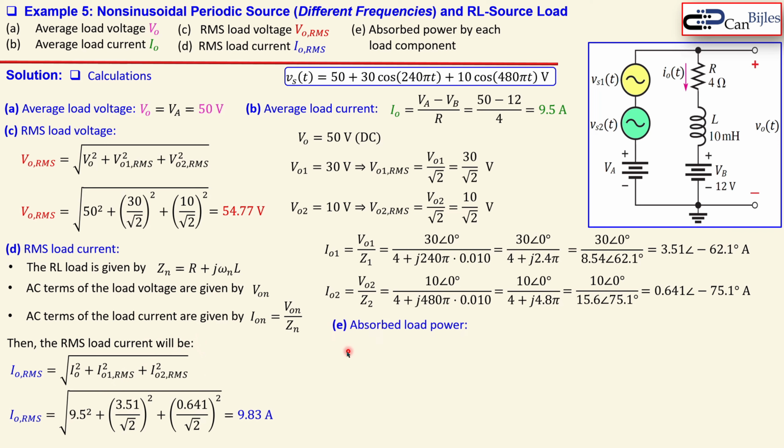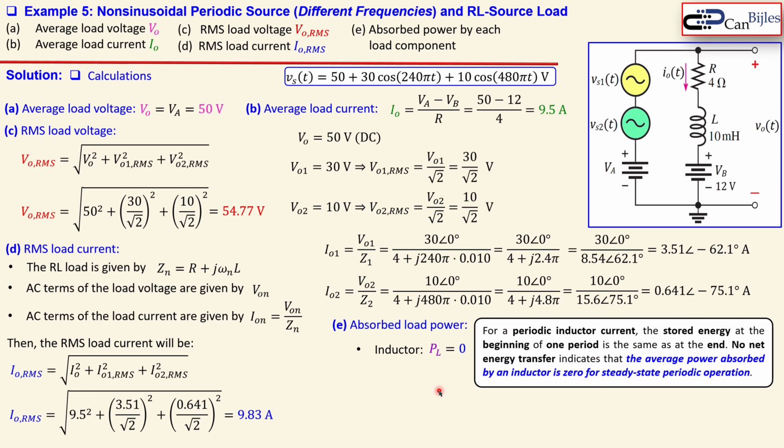Okay, the final one is the absorbed load power by each element, so each load element. We need to look at the R, the inductor L, and also the battery or the DC voltage source VB. Let's go one by one. The first, the inductor. The inductor will not absorb any effective power, so PL will be 0. Why?